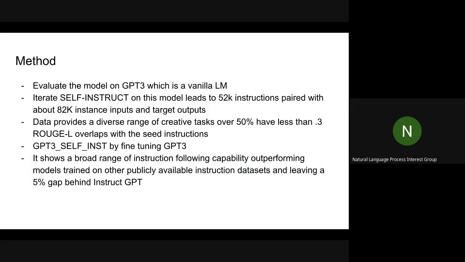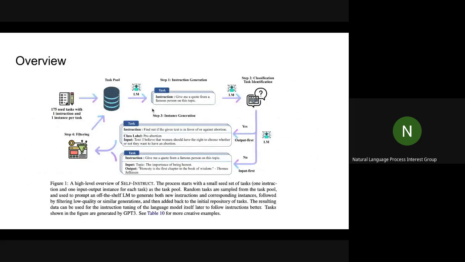So as I said, the method is to evaluate the model on GPT-3, which is a vanilla language model. They iterate self-instruct on this model, which leads to 52,000 instructions paired with about 82,000 instance inputs and target outputs. As I mentioned, this is just instruction.